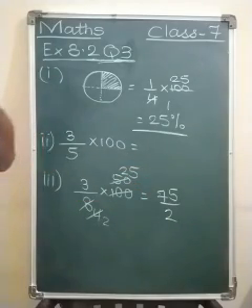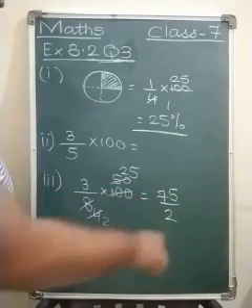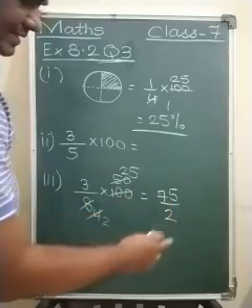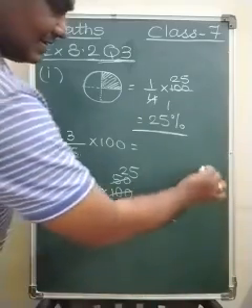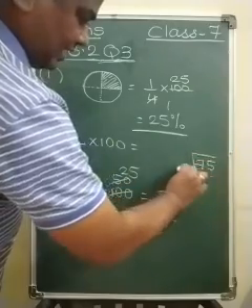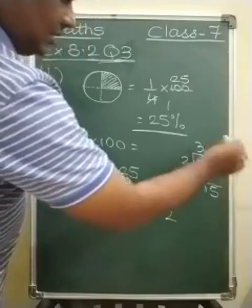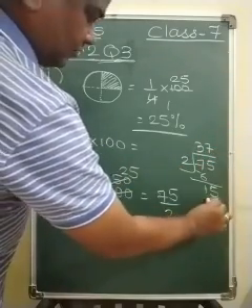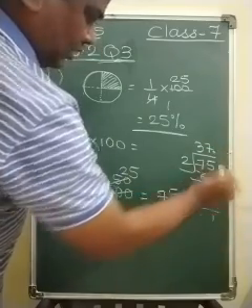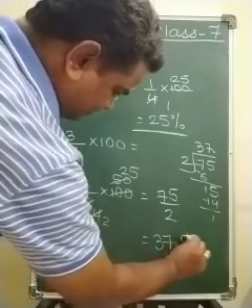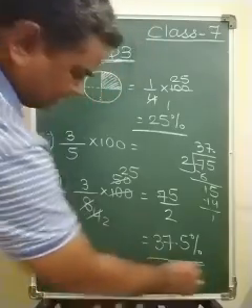Half of 75, 75 divided by 2. 2 3s are 6, 1 15, 2 7s are 14, 1 point 5. So this comes to 37.5% and done.